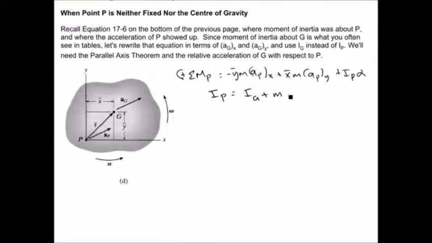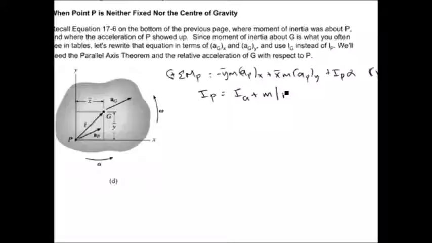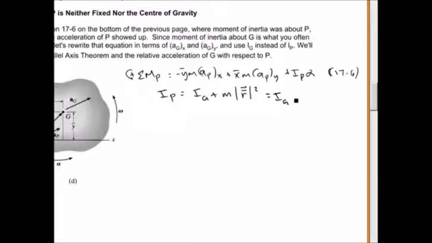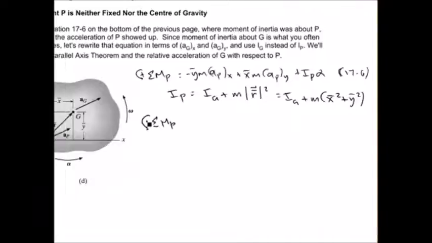Okay, so IP is IG plus m times the magnitude of r bar squared, which is going to be IG plus m times x bar squared plus y bar squared. All right, so if we substitute that into equation 17.6, we have the sum of the moments about P equals.